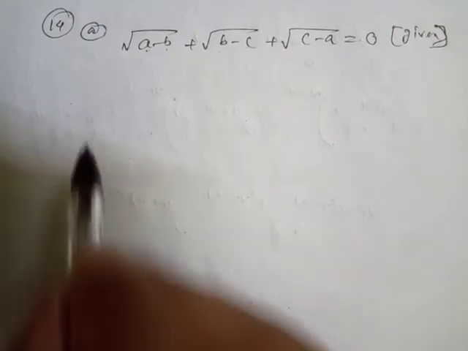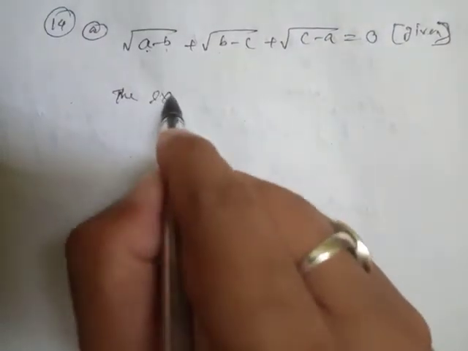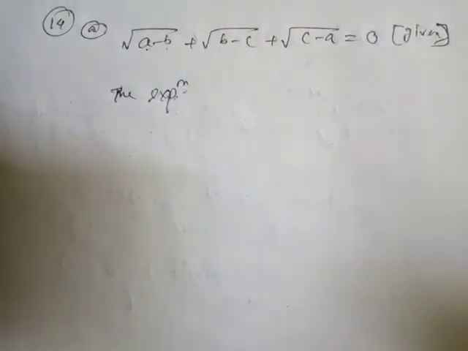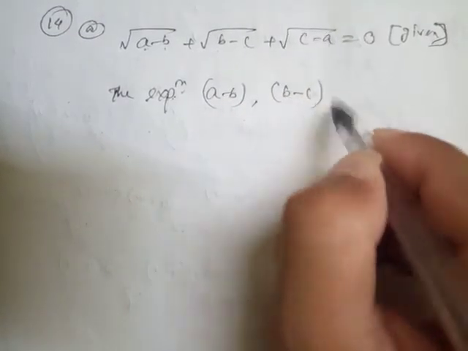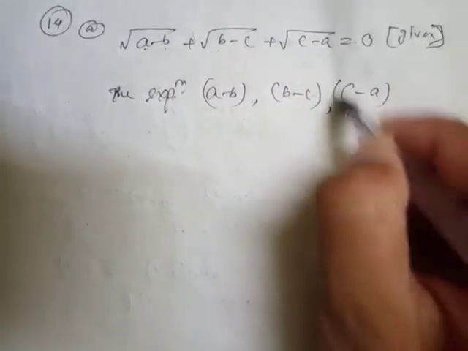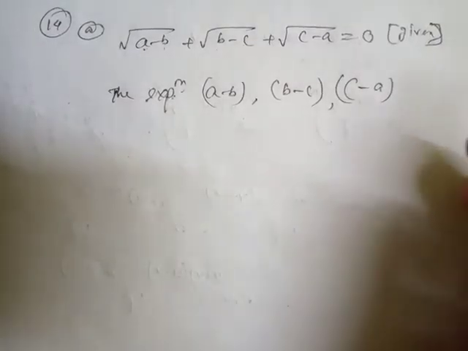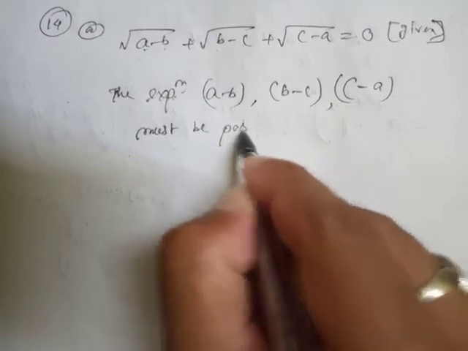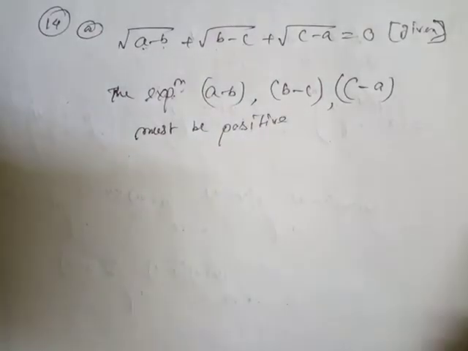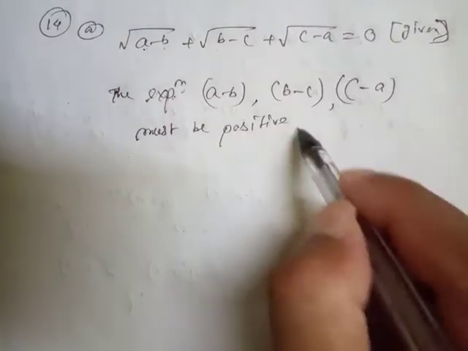Now look here, we'll write here that the expression a minus b, b minus c, c minus a must be positive. If it is positive, which means the value should be say 1, 2, 3 or 4, 5, 6, whatever it may be.